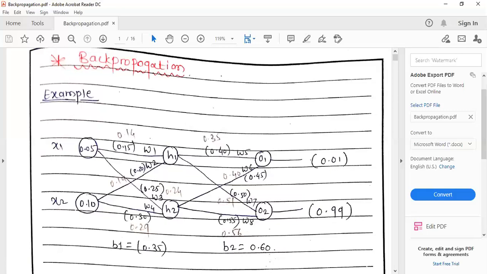From x1, w1 and w3 are going, and from x2, w2 and w4 are going. Then from h1, w5 and w7 are going to output 1 and output 2, and from h2, w6 and w8 are going to output 1 and output 2 along with its weights. And by using all these things, we are calculating the values for output, like 0.01 for output 1 and 0.99 for output 2.